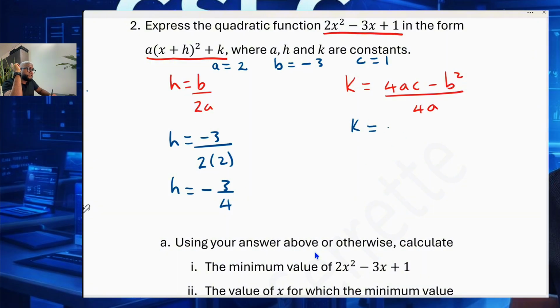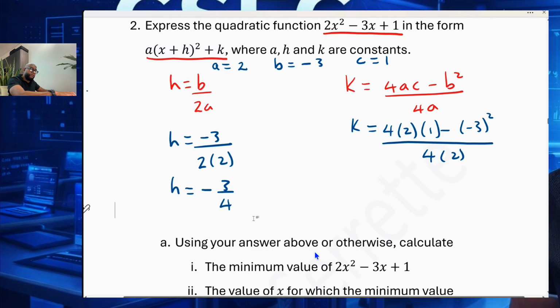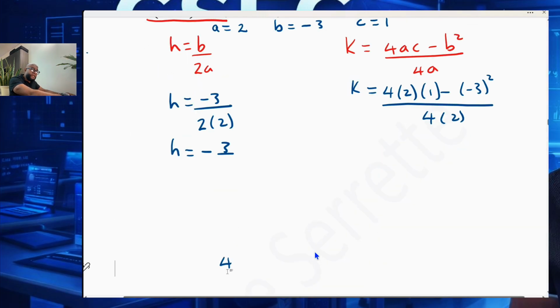k would be equal to 4 by 2 by 1 minus negative 3 in brackets squared, all over 4 by 2. Compose yourself. I keep telling you all, this is a whole game of composure. You're going to your calculator, typing out this whole thing on top.